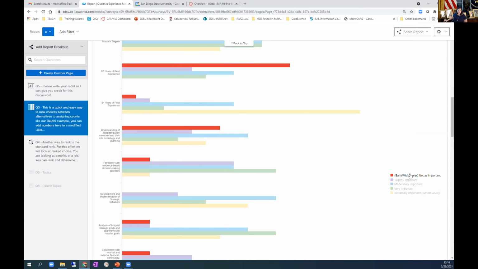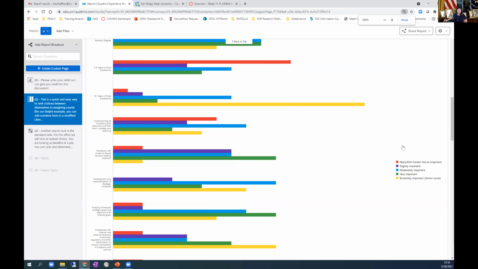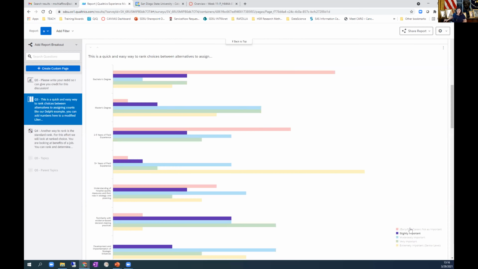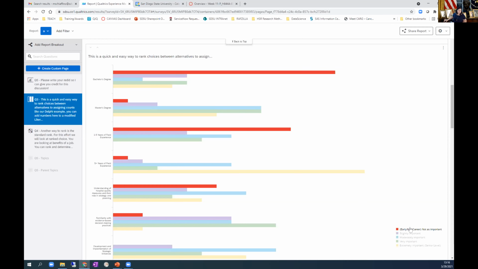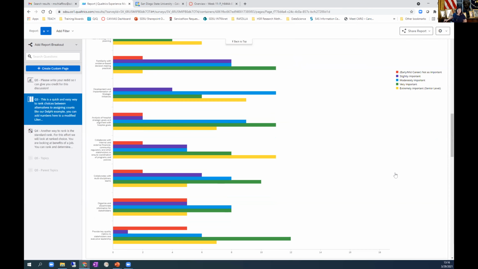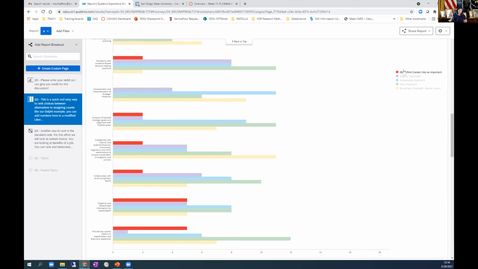The rank was, early career was ranked highly for less experience and some understanding of hospital quality measures. And the education was important too. Does everybody see that? And if you notice, look at the rankings for some of these lower categories.